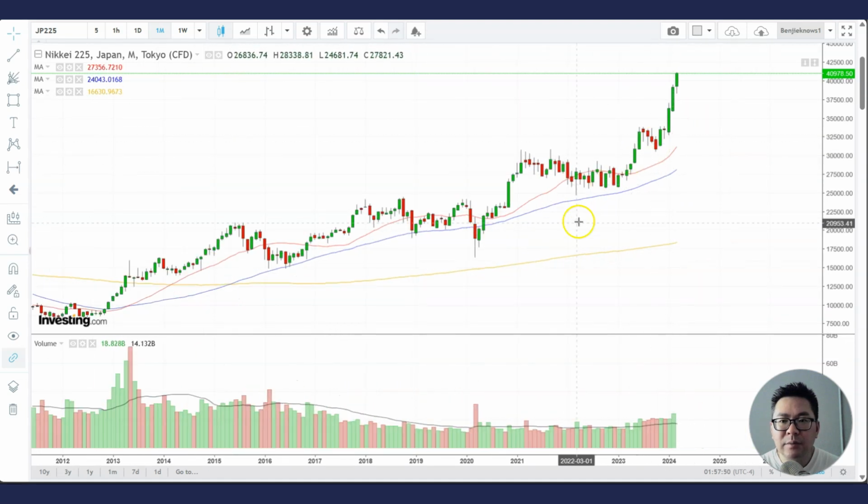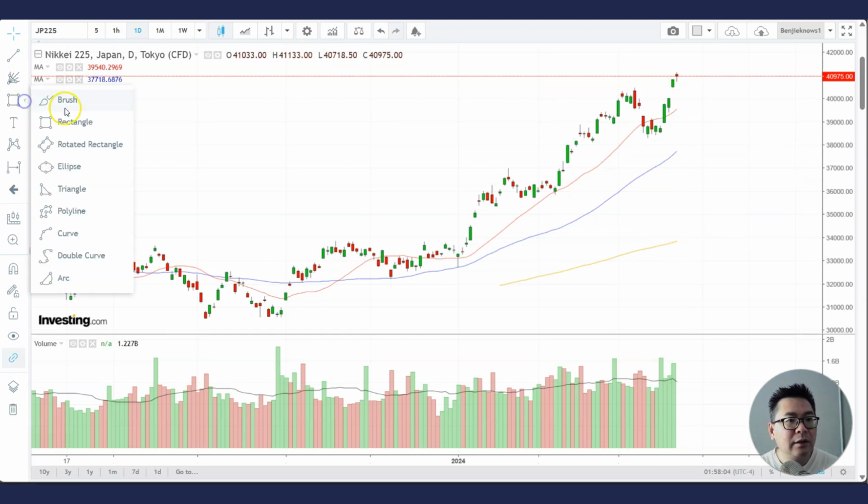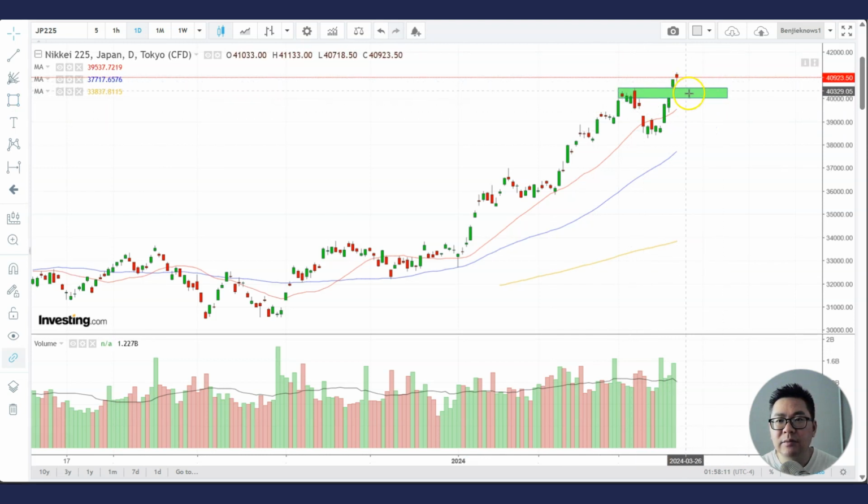The Nikkei has been going up in an uptrend on the monthly chart, and even on the daily chart, it's above the rising 20 MA, 50 MA, 200 MA, and things are looking very well for the Japanese market. And here is your recent support area, like this gap up, supporting the previous high. As long as it stays above this support area, you want to continue to be bullish on the Nikkei.